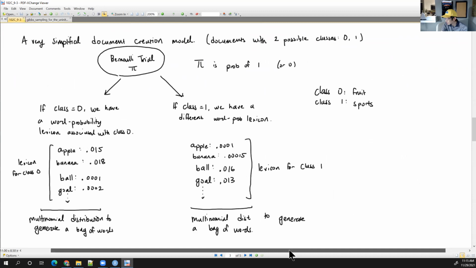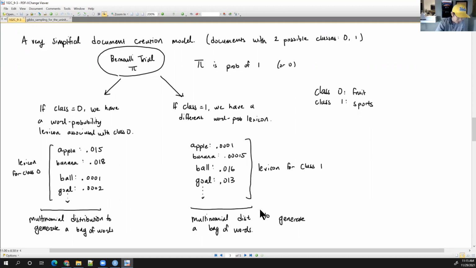So this is how we are going to model the way documents are created. Okay. So we have a document creation model. And again, here we only have two possible classes, class 0 and class 1.